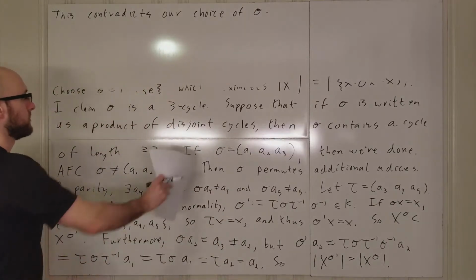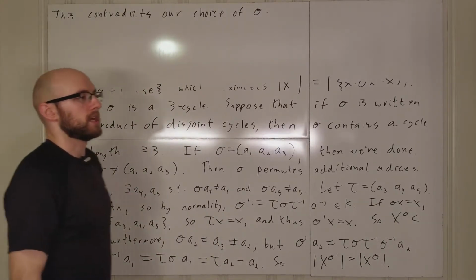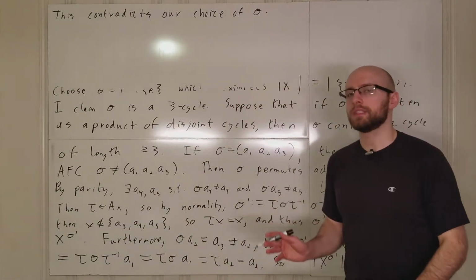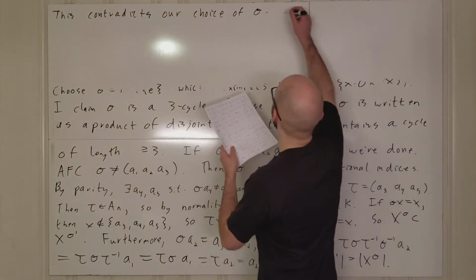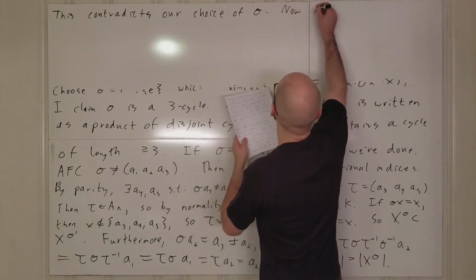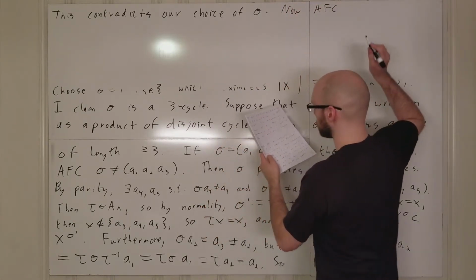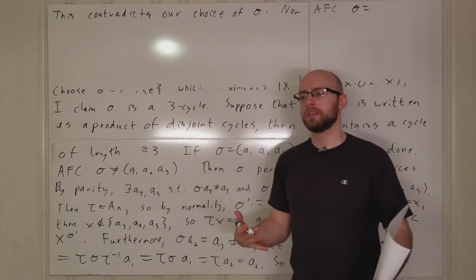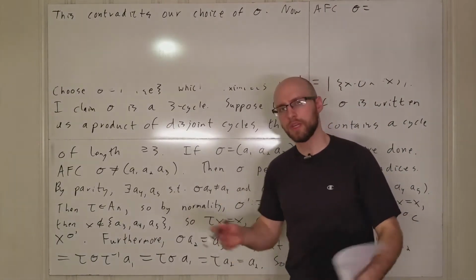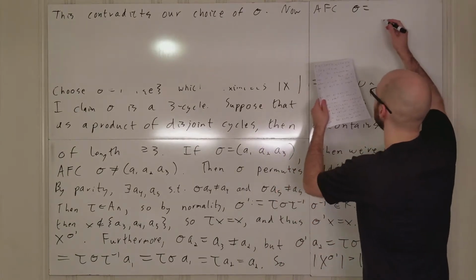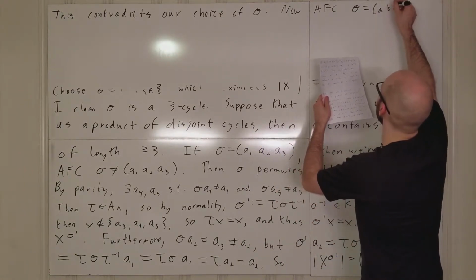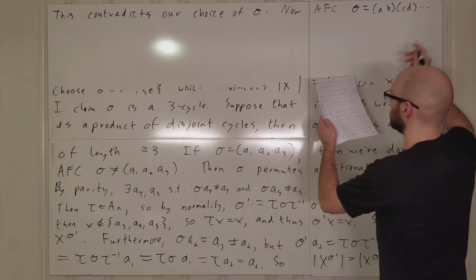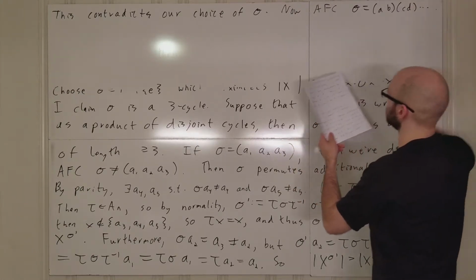Okay, so if sigma contains a cycle of length at least 3, then it must be a 3-cycle. What if that's not the case? Now, if it doesn't contain any cycle of length at least 3, then it must consist of disjoint transpositions.